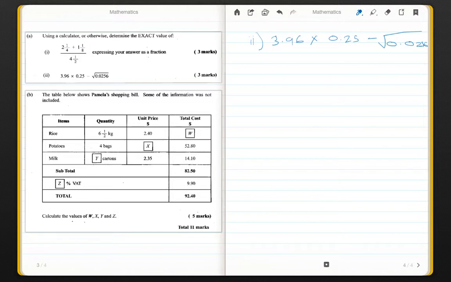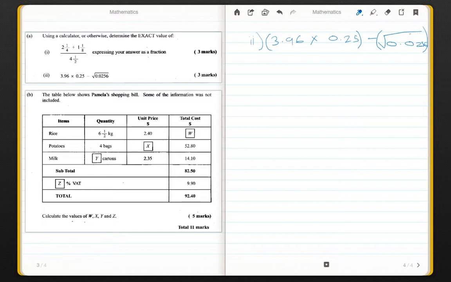I would just put this in my calculator, but I would be careful in that I would put my brackets around select parts of the equation, because we still have to follow the rules of BODMAS, whereby multiplication comes before subtraction, as well as square root.